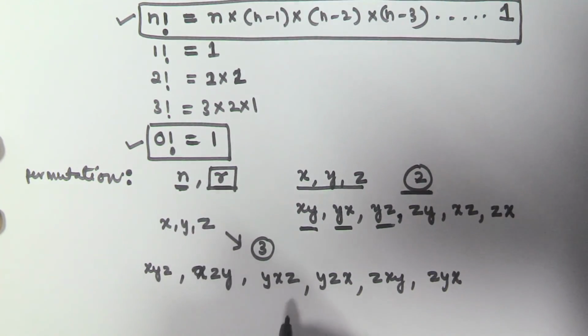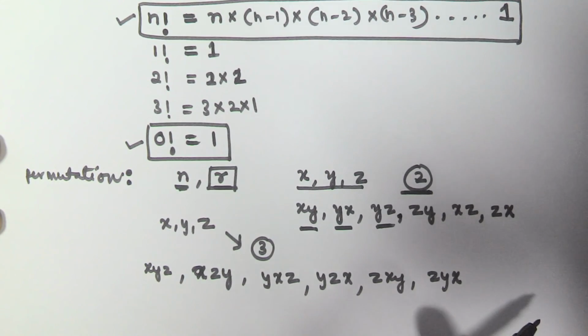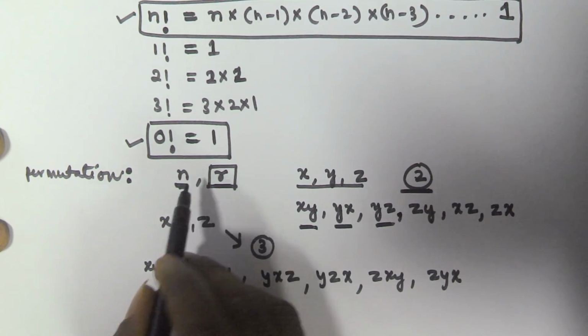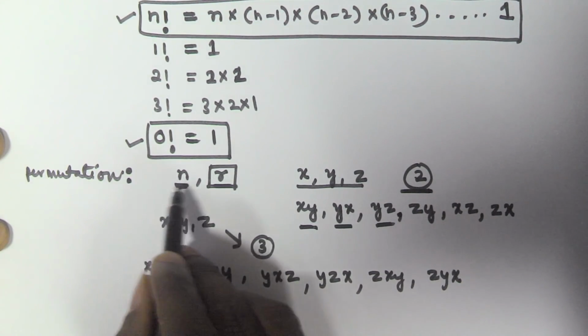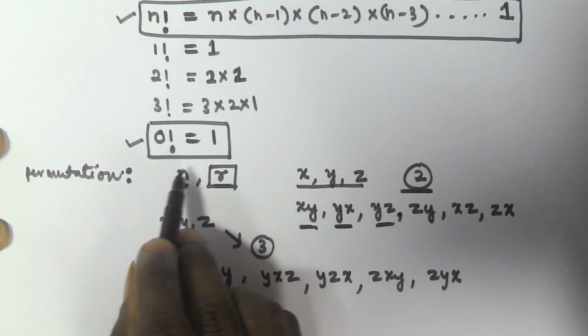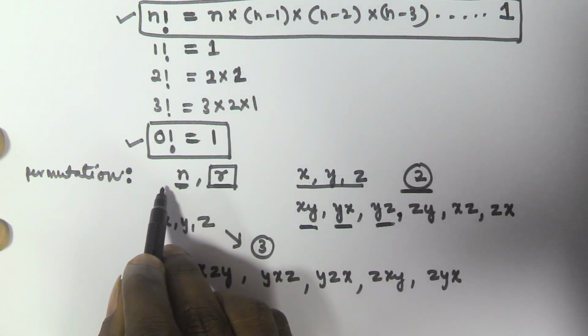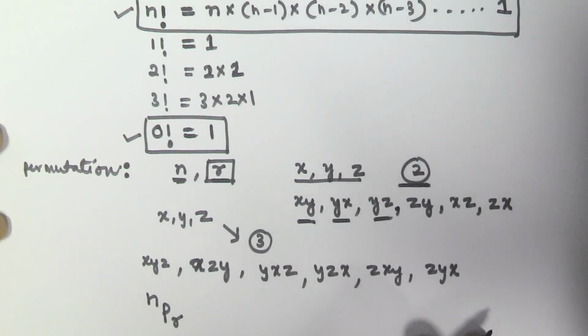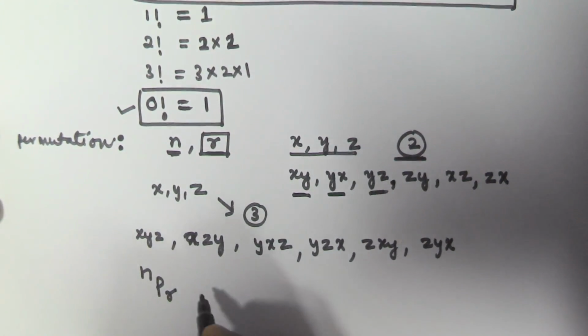The permutation of taking r items at a time out of n things is represented as nPr.